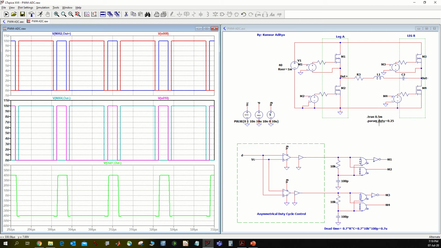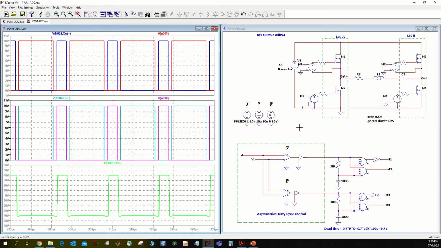So if my duty cycle is currently set to 25%, which means that my M1 and M4 is switching at 25%, and M2 and M3 is turning on and off at 75% of the switching time interval.